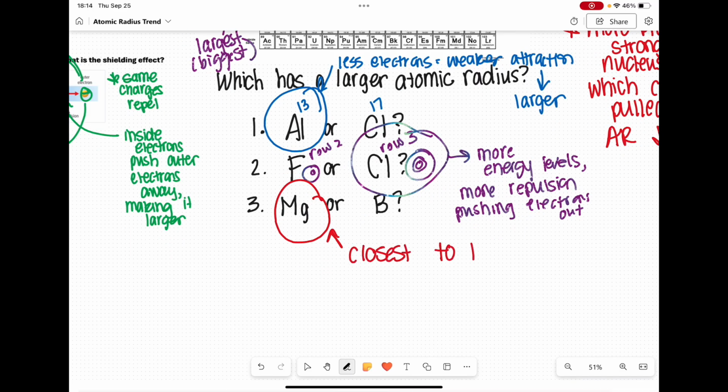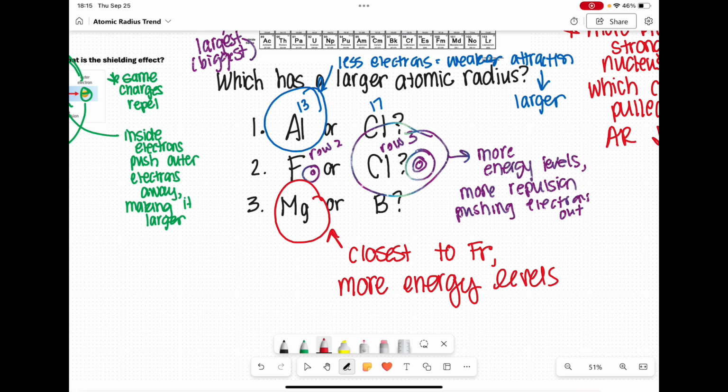So it's closest to francium, but also it has more energy levels, which causes more repulsion.